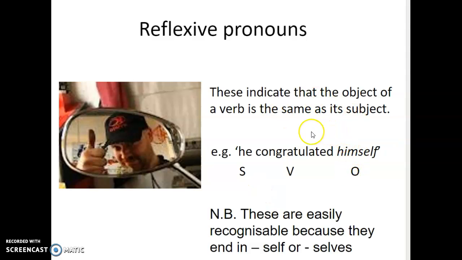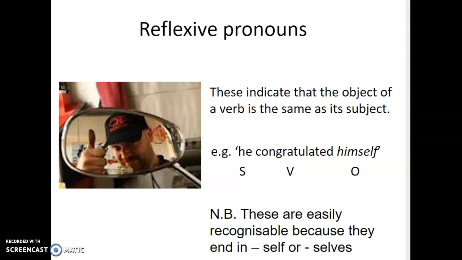So it wouldn't make sense if it said he congratulated him or he congratulated he. We'll use himself here when referring to the same person. As it says at the bottom here, they're often easily recognizable because they end in self or selves.